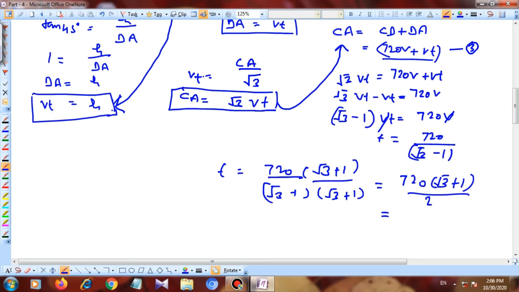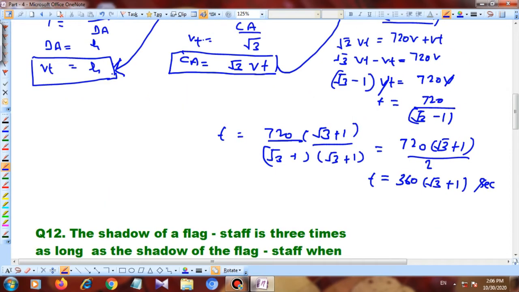So this will become 360 root 3 plus 1. Clear? So this is it. Time t is 360 into root 3 plus 1 seconds. Suppose you want to convert this time into minutes, then you can divide by 60.